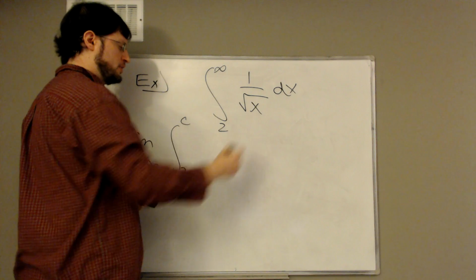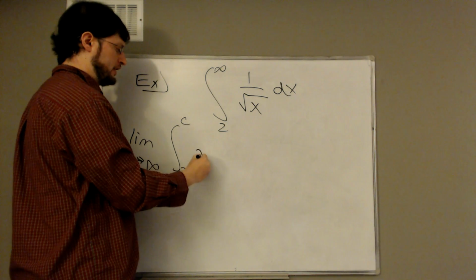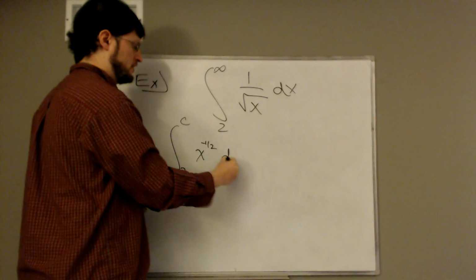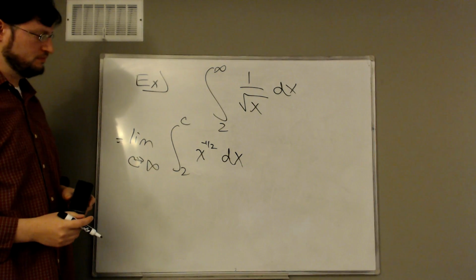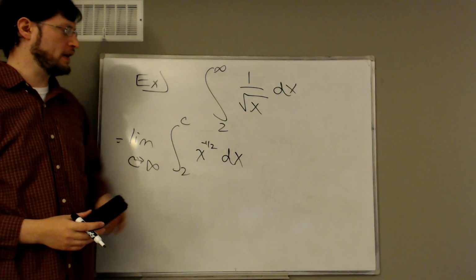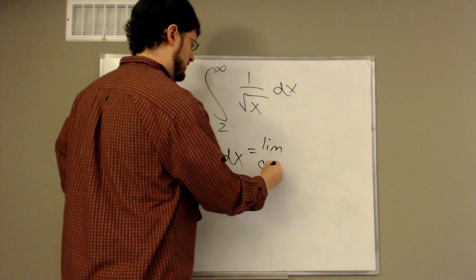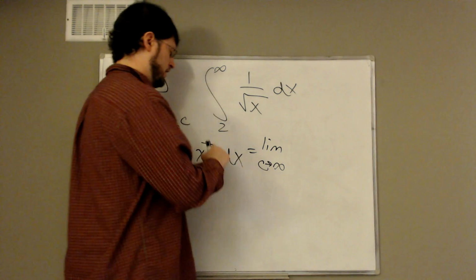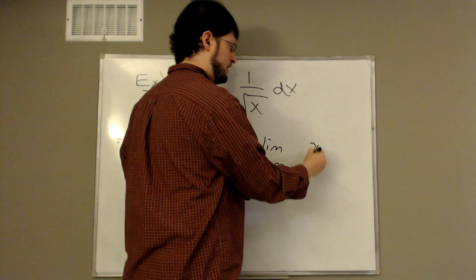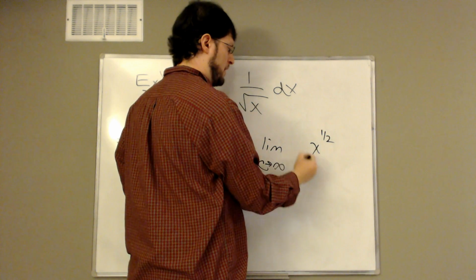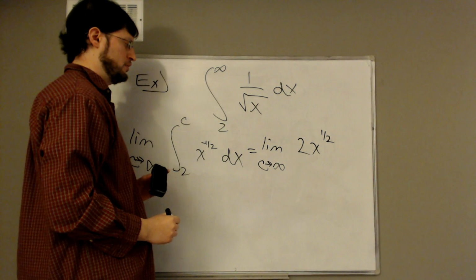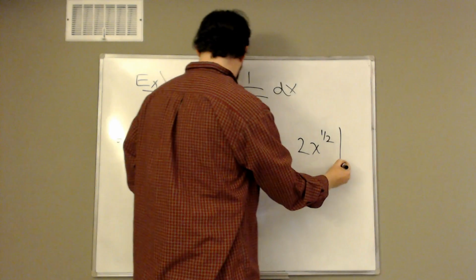Now let's put this into an exponent. So this is x to the negative 1/2. Negative puts it in the denominator, 1/2 makes it square root. So limit as c goes to infinity. This integrates to x to the positive 1/2 divided by 1/2, which is multiplied by 2, evaluated from 2 to c.